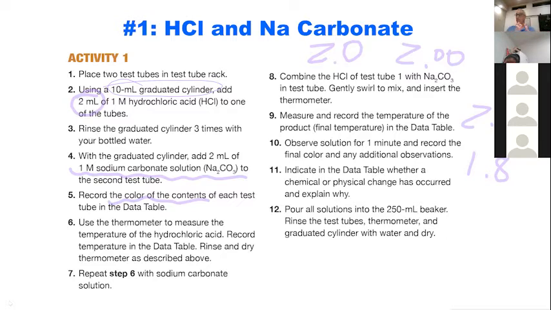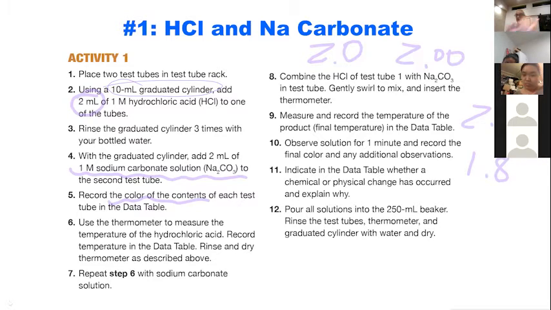You're basically just reporting exactly what happened. What did these things look like before? What do they look like during? What do they look like after? And then what happened based on what you saw. So for this one, just mix them together, check to see if it changes color, check to see if it changes temperature, and see if any precipitation or anything else has occurred.